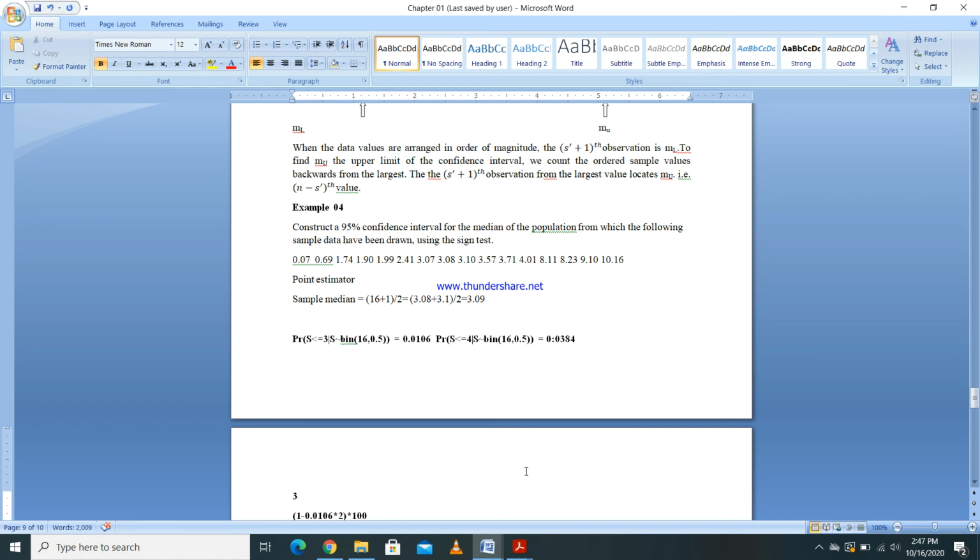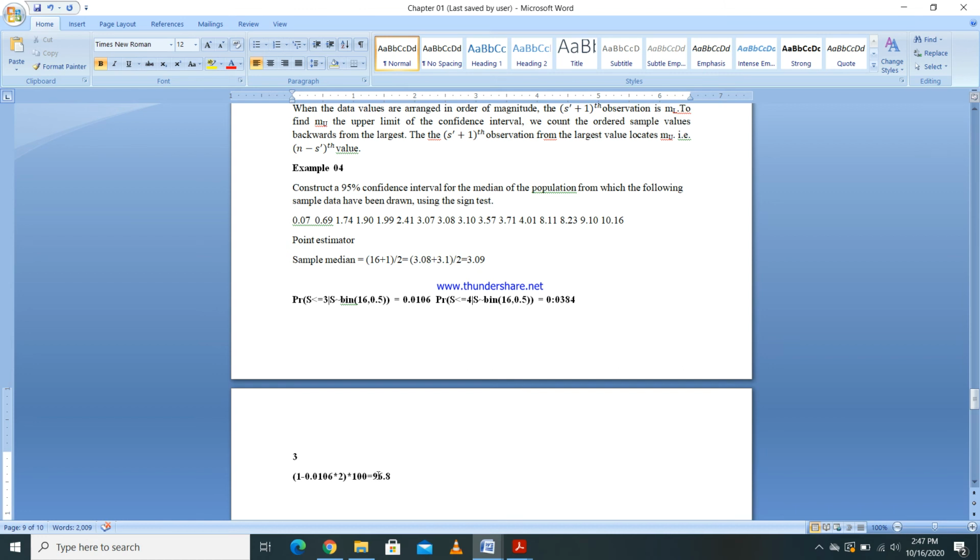So let's see what the value is. You take 0.0106 multiplied by 2, subtract it from 1, and when you multiply that by 100 you have 96.8.